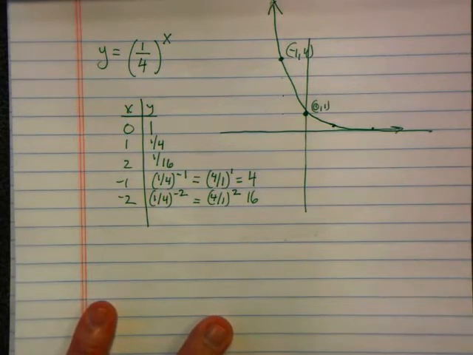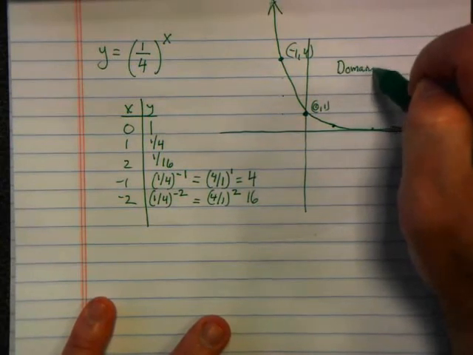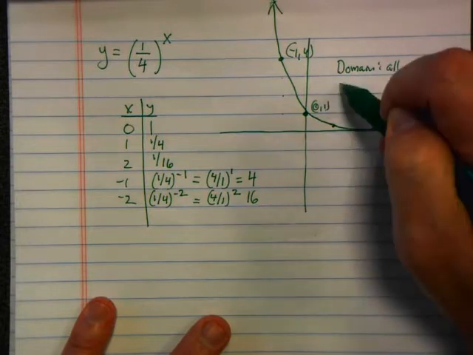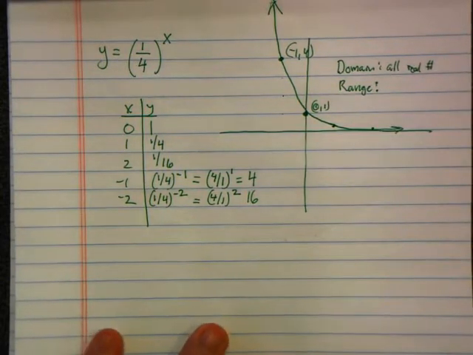What's my domain? All real numbers. What's the domain for every exponential function? The domain will always be all real numbers for an exponential function. How about the range? What kind of y numbers am I getting?